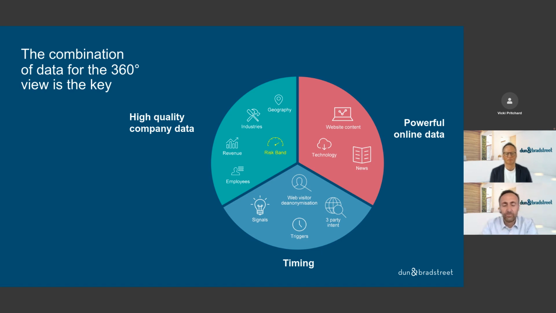Now coming to the example I mentioned: industries are good to have, but not always showing the whole truth of the picture of the company. I took Dun & Bradstreet as an example.